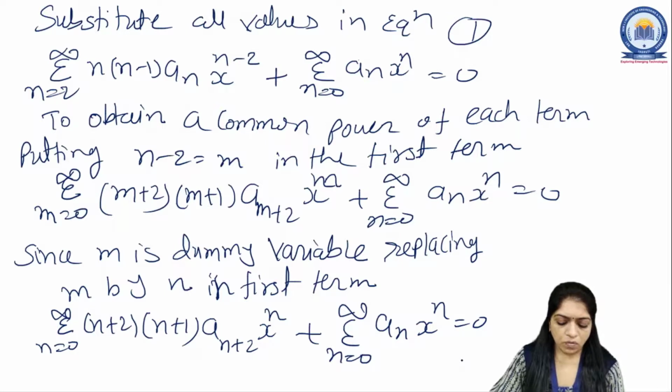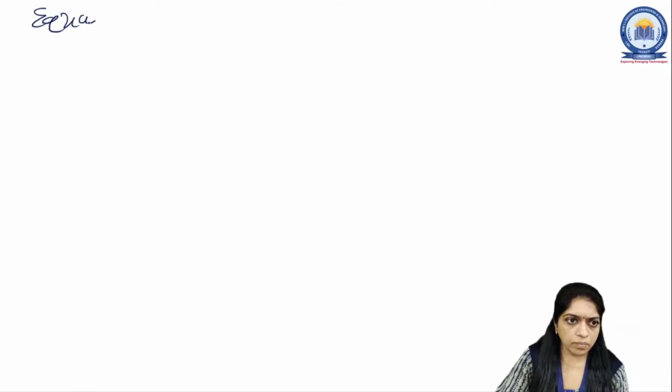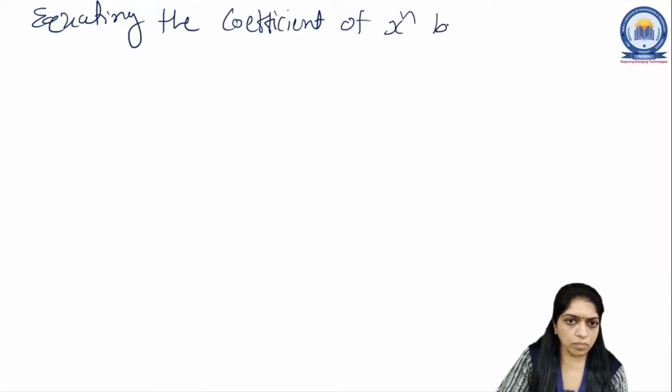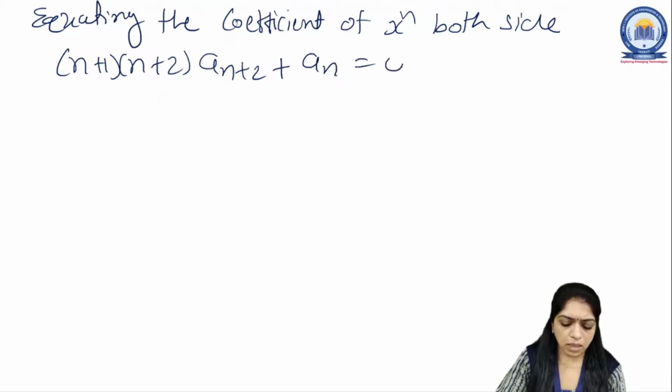Equating the coefficient of x raised to n on both sides, we have n plus 1 into n plus 2 a n plus 2 plus a n equal to 0, where n greater than or equal to 0.